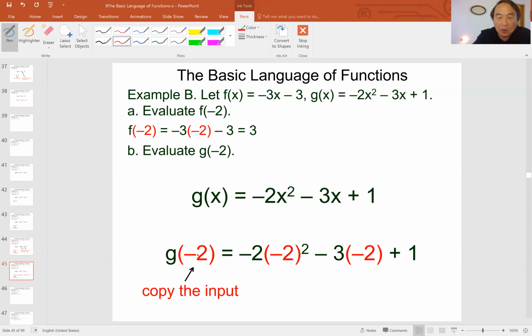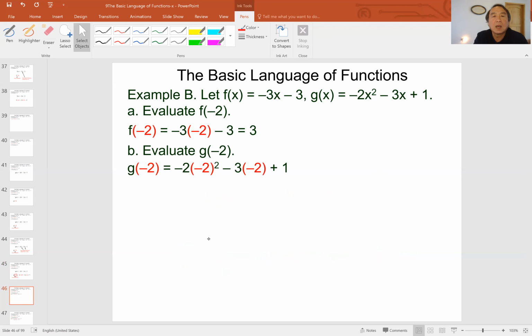That's why when you copy and paste, copy it with the parentheses, so it doesn't interfere with the outside items and symbols. Then these become order of operations. This is going to square: this is -4 times 2 times 4 is -8 plus 6, and it's again -1. That's the output.